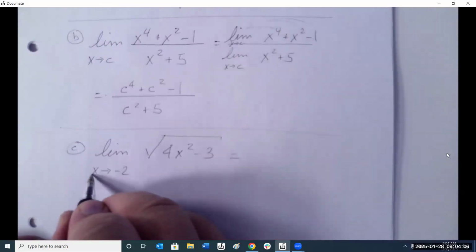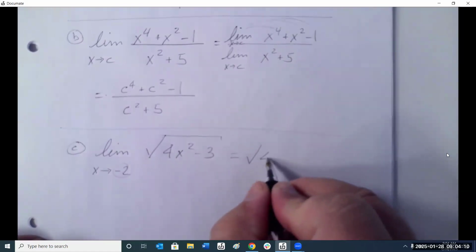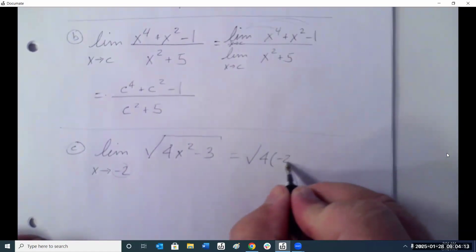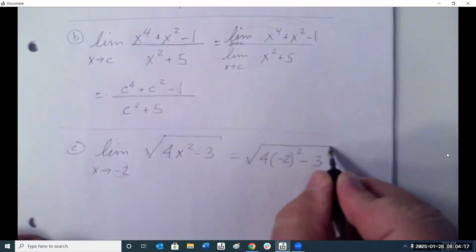So just put it in place of x, put -2. So we have square root of 4 times -2 squared minus 3.